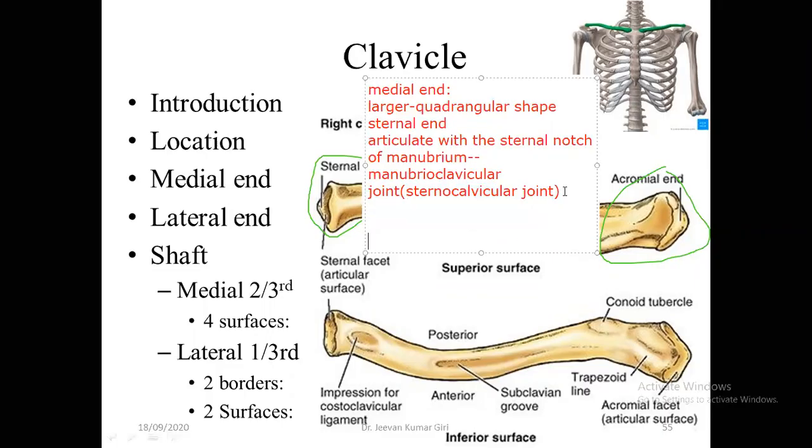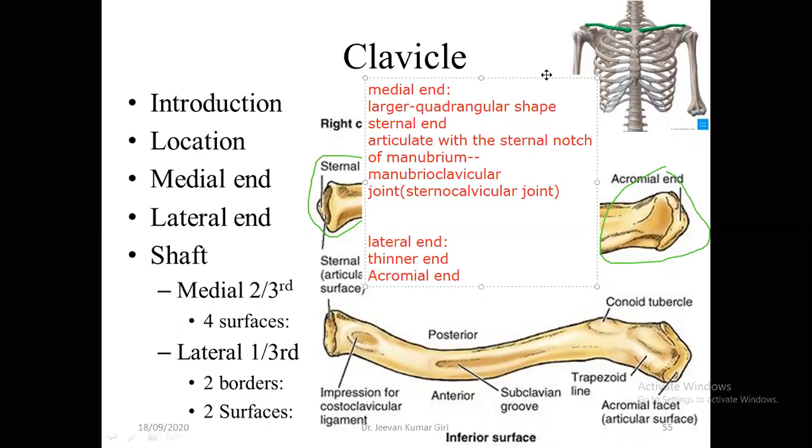Now if you see the lateral end, comparatively this lateral end is thinner. It is compressed above downward. The next name for this end is the acromial end.